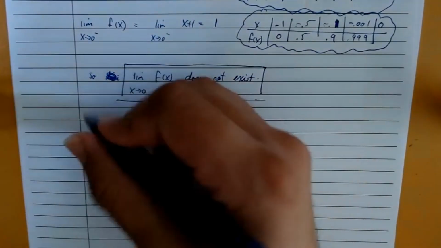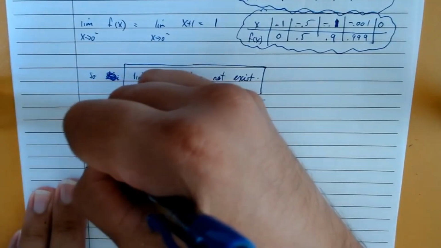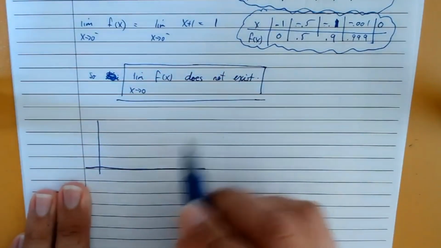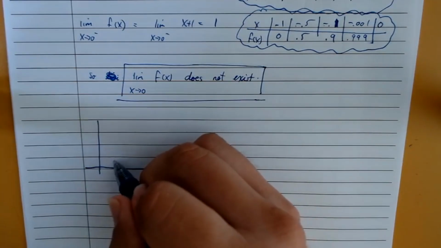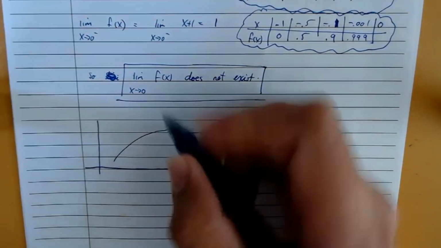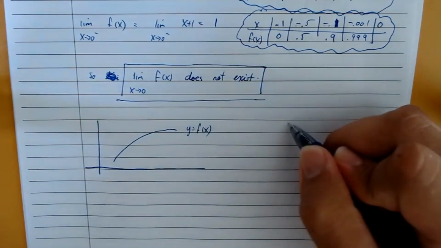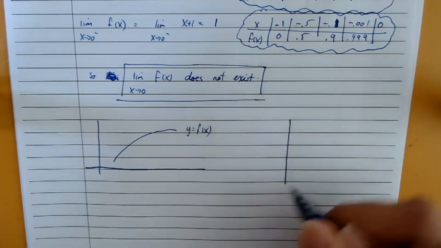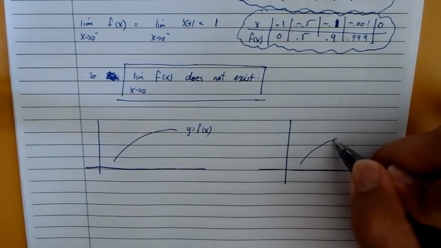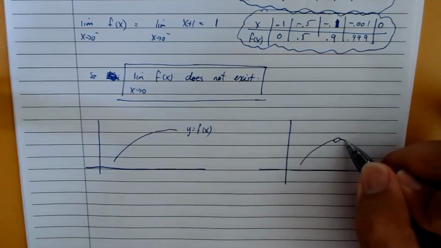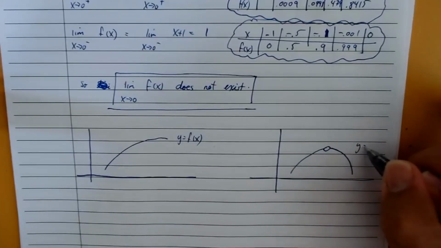Let's consider a few graphs here. Here, I'm going to call these just graphs of f of x. I'm not going to worry about exactly what their equations are because it doesn't actually matter. Let's say here's the graph of y equals f of x. Here's the graph of y equals g of x.